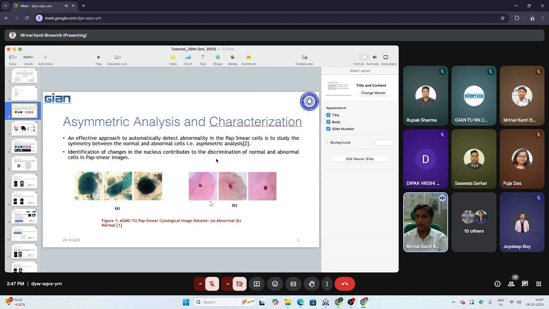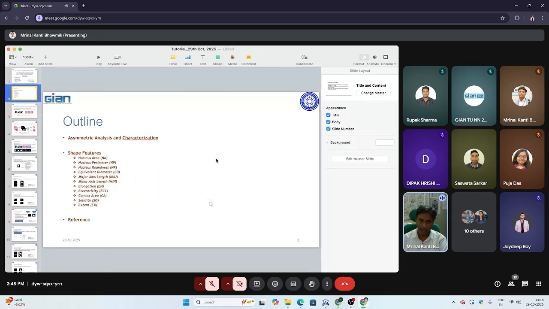Basically the same thing is coming, but what is new in this slide and what is today's contribution of this demonstration? We will explain how to measure the irregularities, which come in the form of the nucleus area, length, major axis, convex area, contour. All of these are measured, and how to write the program for them we will discuss.